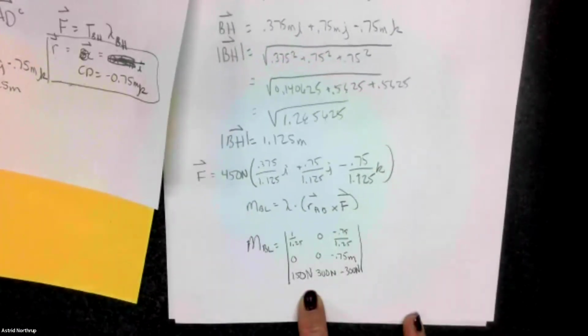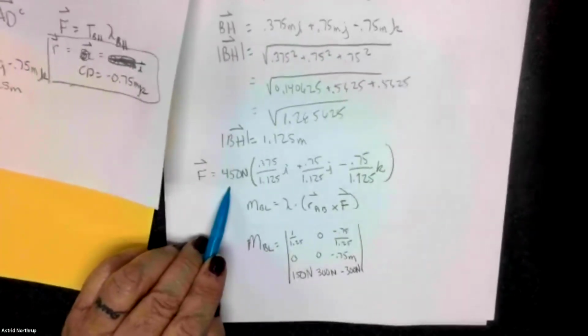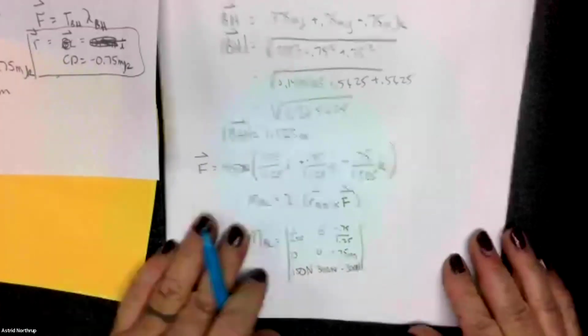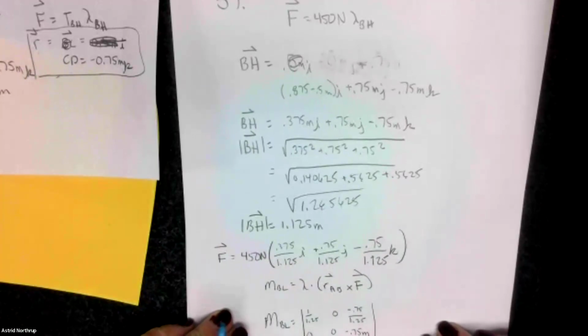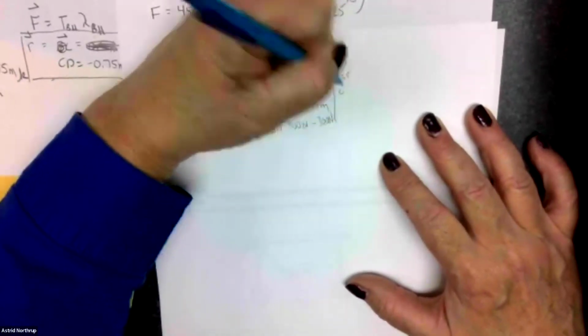All right. And now I have my determinant ready to set up. Yep. All right. So how do I do that? Well, I duplicate my first two columns.